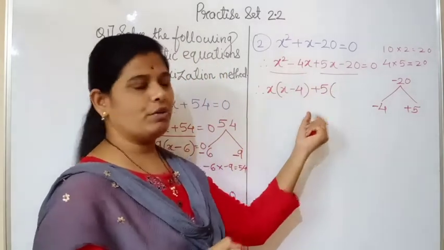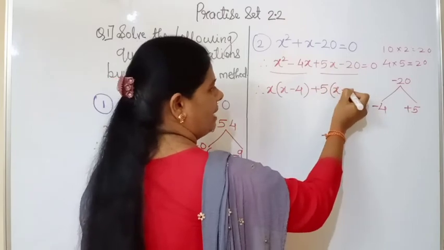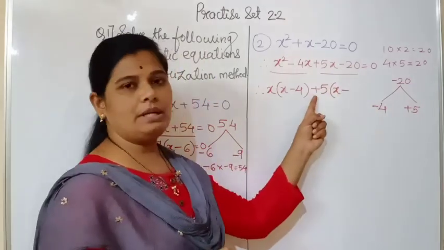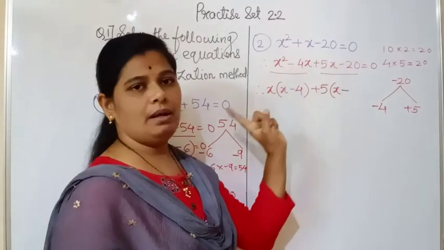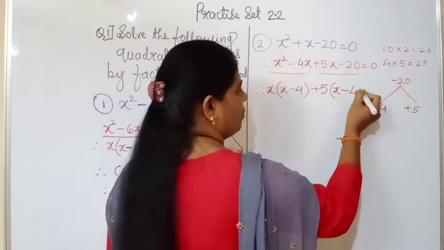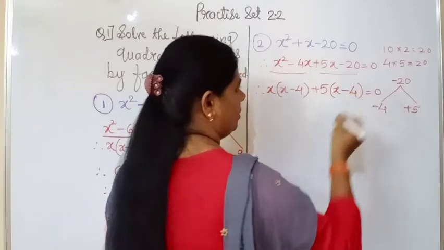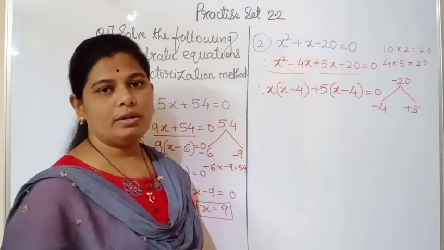In the bracket, x will remain, and we take a minus sign because outside the bracket there is a plus sign, and plus into minus is minus. 5 4s are 20. As you can see, both the brackets are the same.